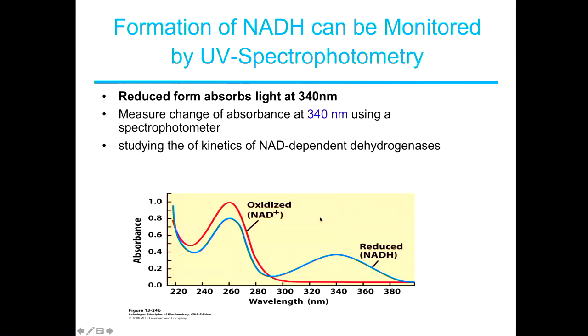Okay, so these enzymes with these cofactors have this very nice thing in that if you put them in a spectrophotometer and dial the wavelength just right, you can see they absorb light.